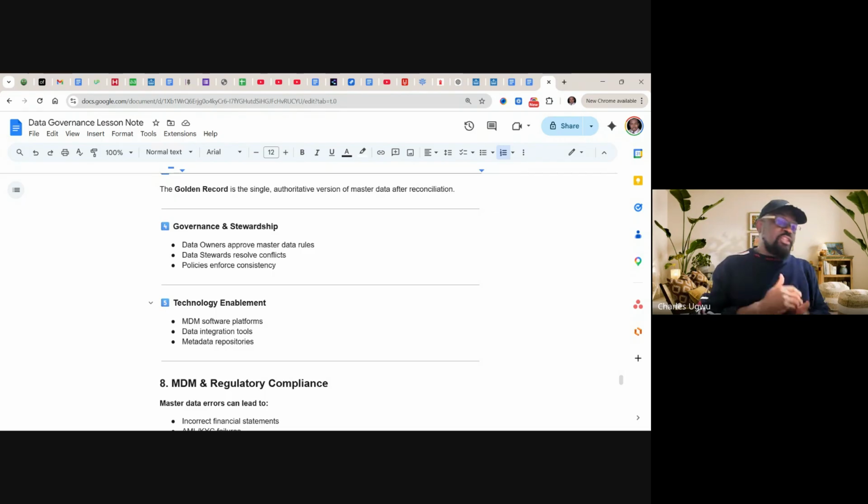So there's a lot of things you need to put into consideration while trying to understand the softwares. And again, special softwares for master data management. We're going to talk about them very soon.